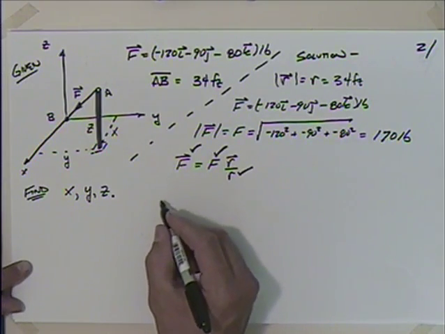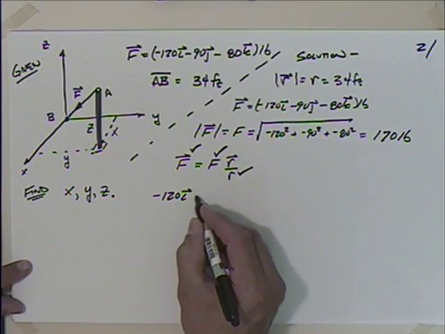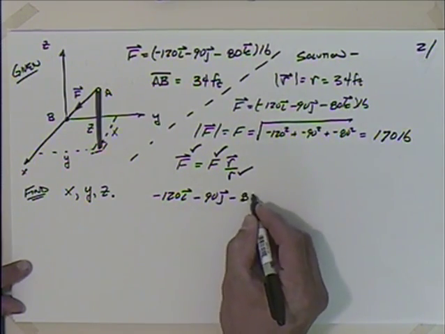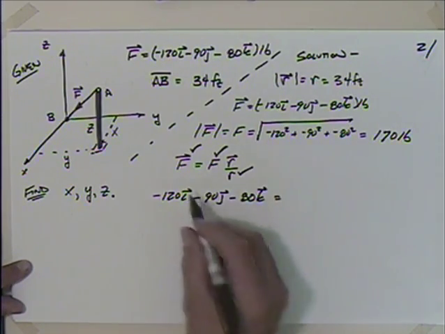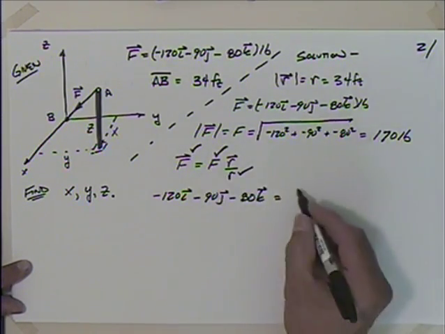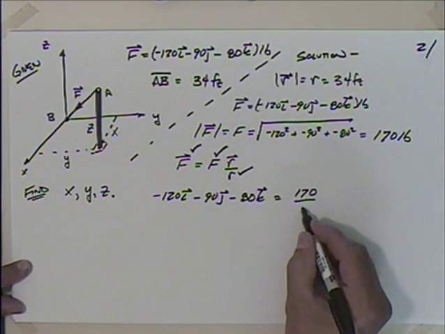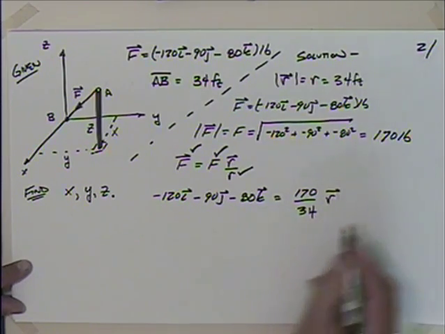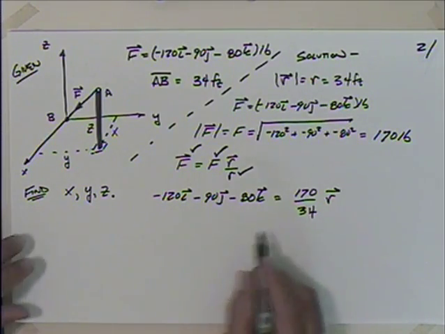So let me make that substitution. We have minus 120 in the I direction, minus 90 in the J direction, minus 80 in the K direction is equal to, then, what do we get for the magnitude of F? 170 divided by the magnitude of R, which is 34. And then we have this R vector there. So when we solve this, we're just effectively going to take this vector and multiply each term by 34 and divide by 170.